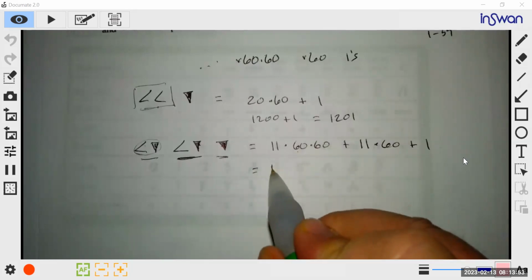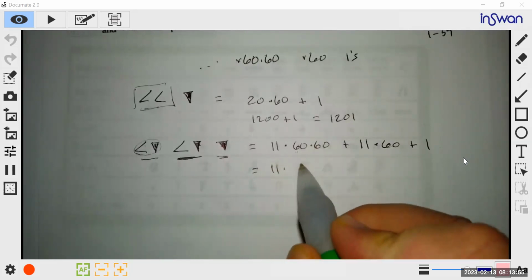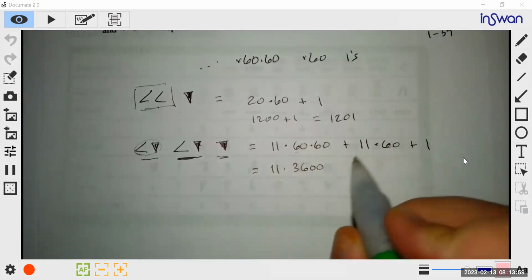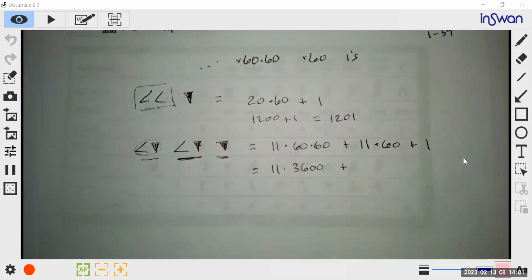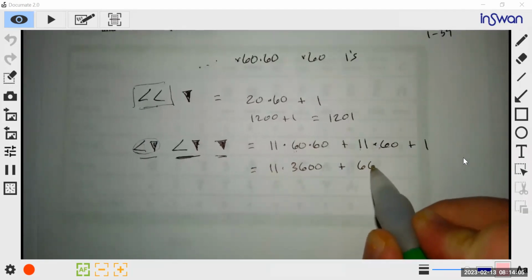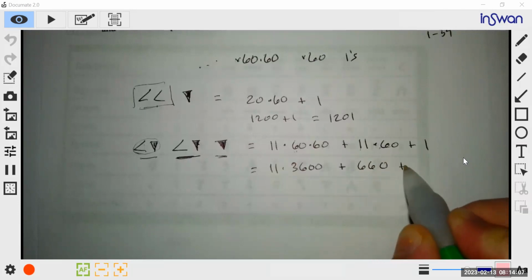So 60 times 60, 6 times 6 is 36 with 2 zeros. 11 times 6 is 66 with 1 zero.